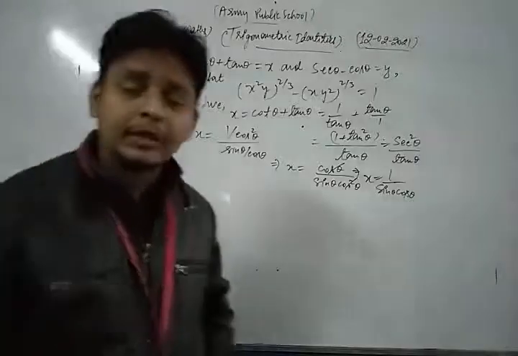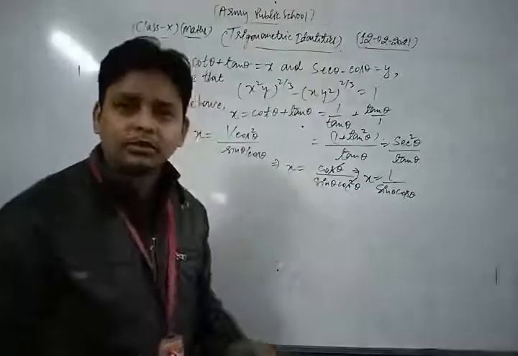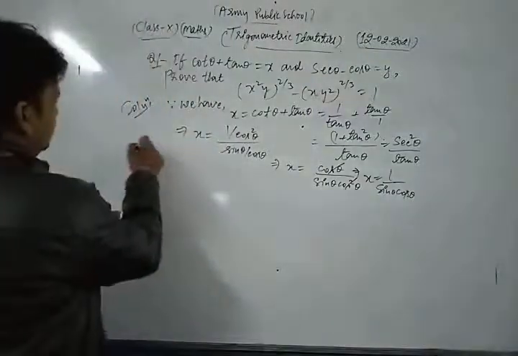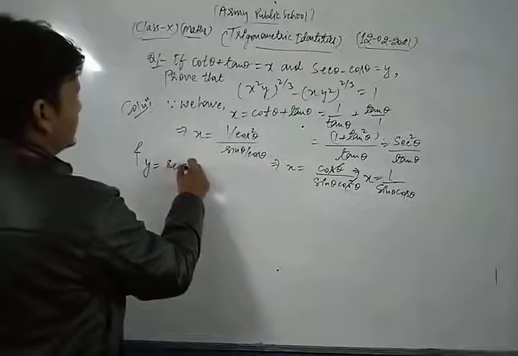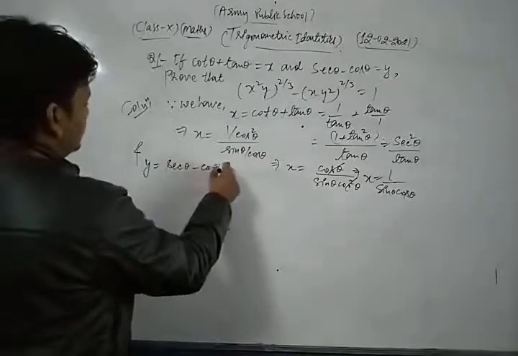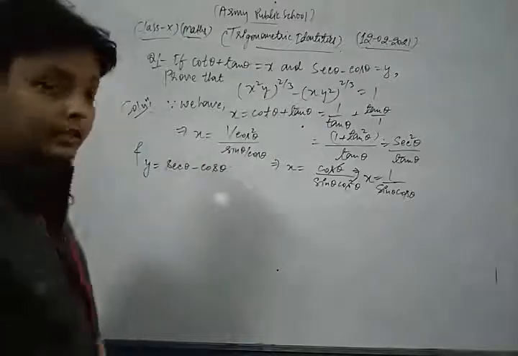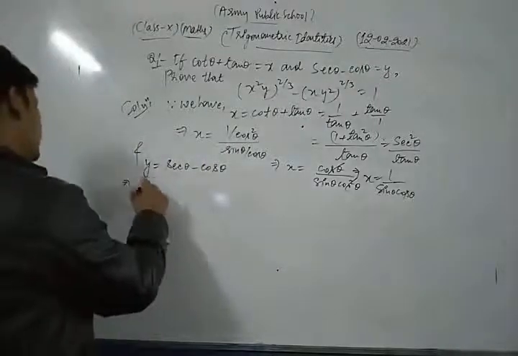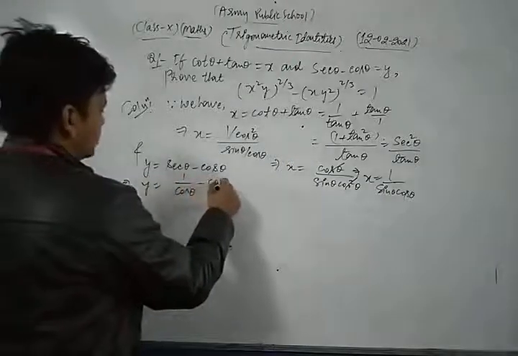Okay dear students, similarly we solve for the value of y. Now let's see. And the value of y is what? This is sec theta minus cos theta. This is the value of y now. Now what do I do? Now we write y is equal to sec theta, which is 1 upon cos theta, and minus cos theta as it is.